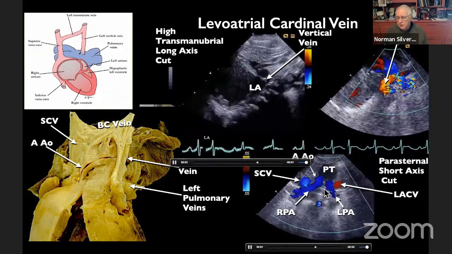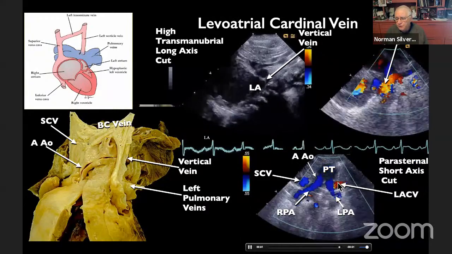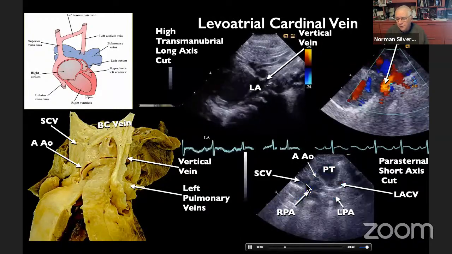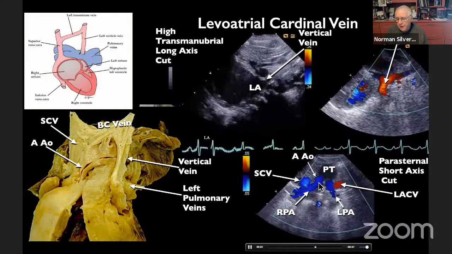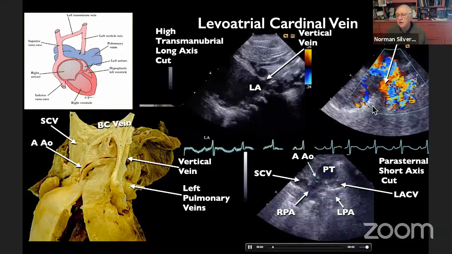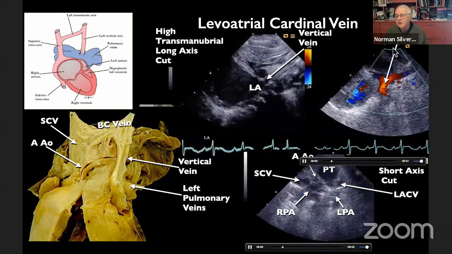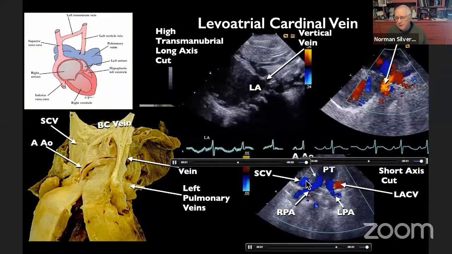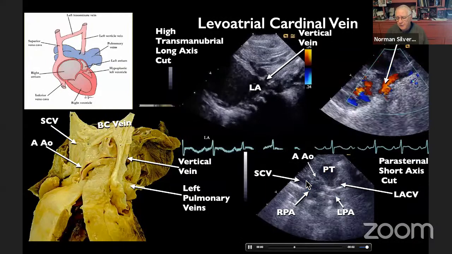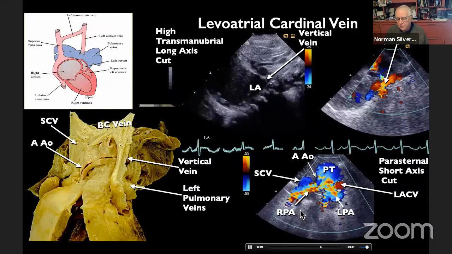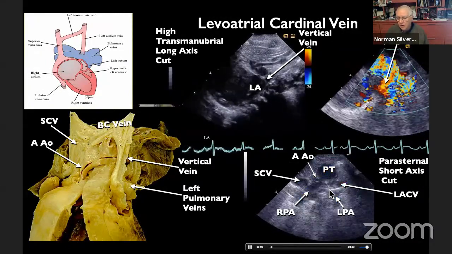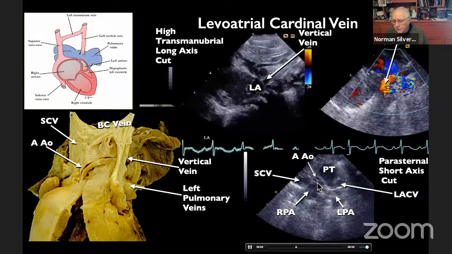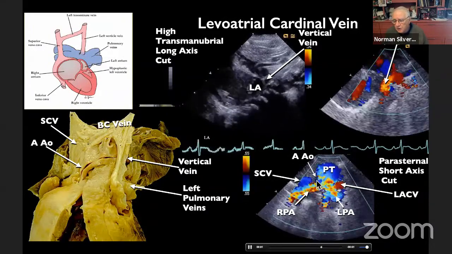And here you can see the large vertical vein, different from the superior vena cava, because the flow is going in opposite directions. It's traveling in the ascending direction here. And then when you see the superior vena cava, it's coming back away from the transducer and into the chest. And here are the pulmonary arteries. And here you can see this little sign, which gets a little confusing.